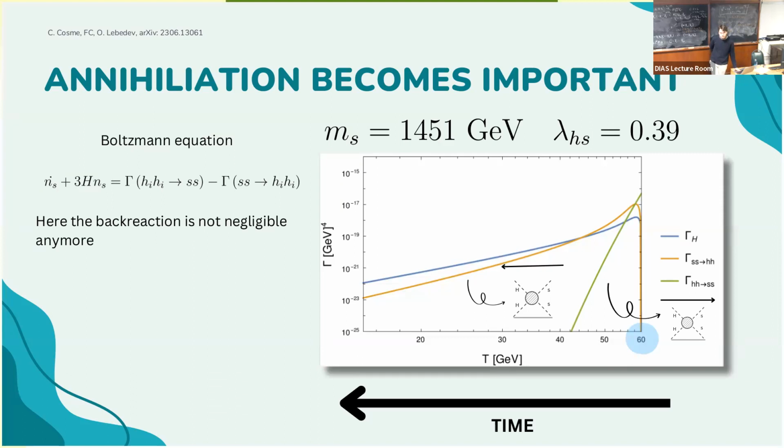Lambda HS contributes positively to the running of the Higgs quartic coupling. So with a large lambda HS like that, you might not stay in the perturbative regime. Okay, good point. Yeah, we haven't had a look at that.